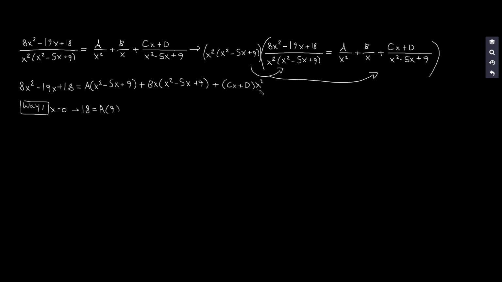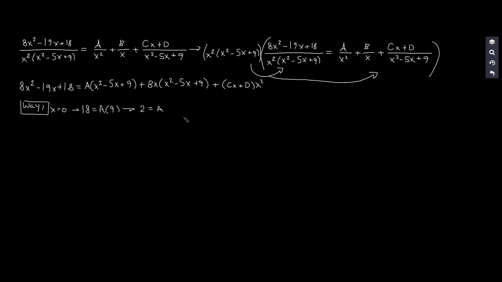This is going to destroy all of those. Okay, so it's literally just going to be 18 equals a times 9. So with a bit of algebraic manipulation, if we divide both sides by 9, a equals 2.